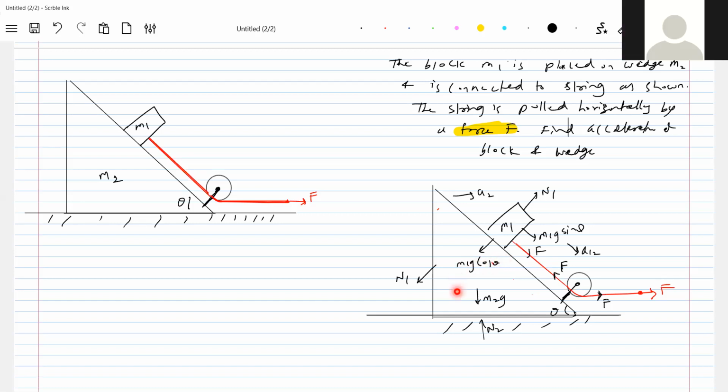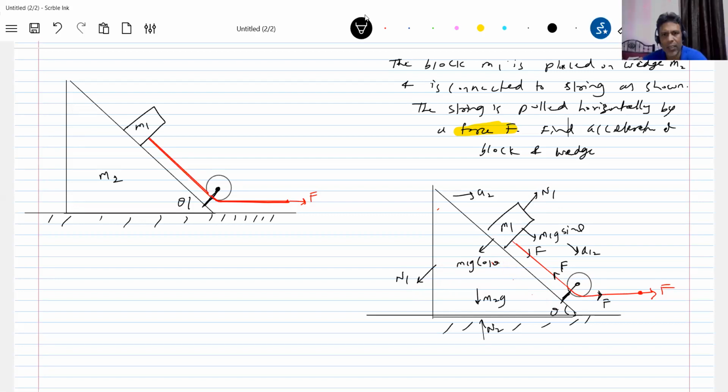Sir, the force acting on the block will also act on the wedge. N1, no? No, sir, the F, the pulley. What forces are acting on the pulley? Those forces are acting on the wedge. So it should actually move to the right, sir. F minus F cos theta will be greater than F cos theta.